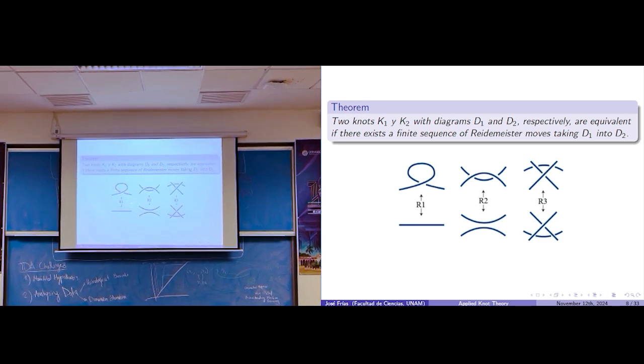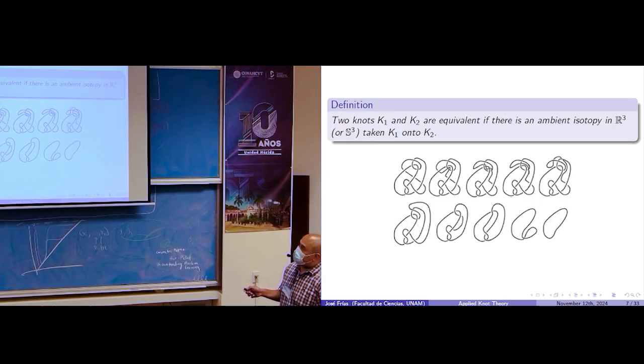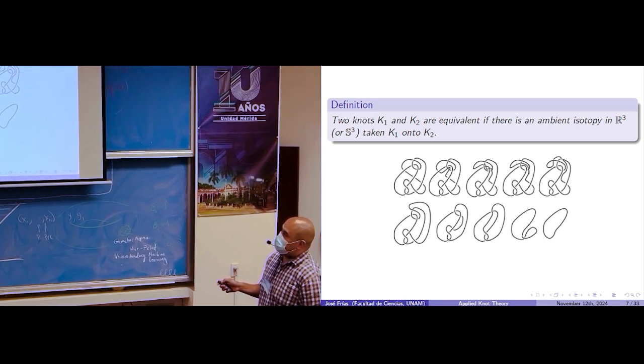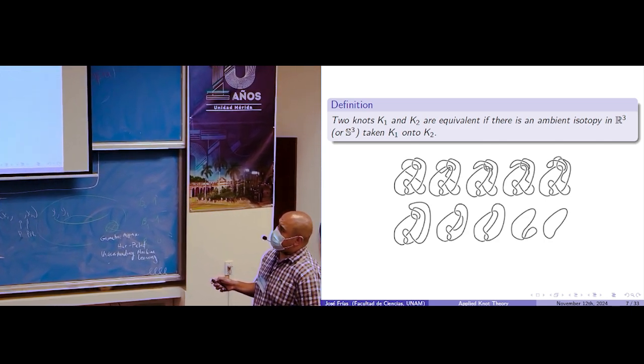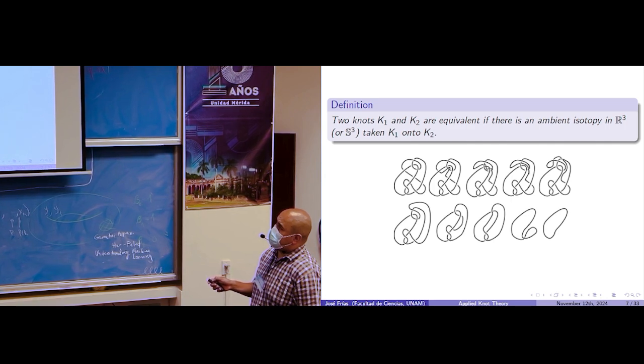These moves may be of three different types: R1, R2, and R3. In the previous example, you can see that we are performing a sequence of these Reidemeister moves. From here to here, this is a second Reidemeister move. This is a third Reidemeister move, and so on.